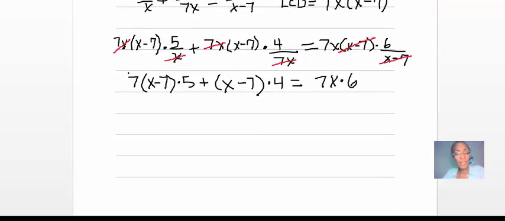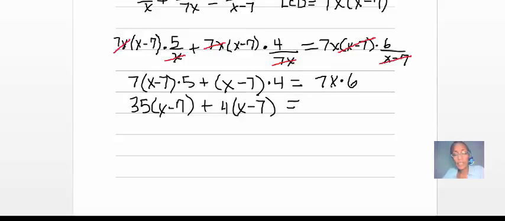So I can multiply in any order. So 7 times 5 is 35. Multiplication is commutative, so it doesn't matter what comes first in the product. So I'm going to move this 4 and make it first in the second product. And then 7x times 6 is 42x.